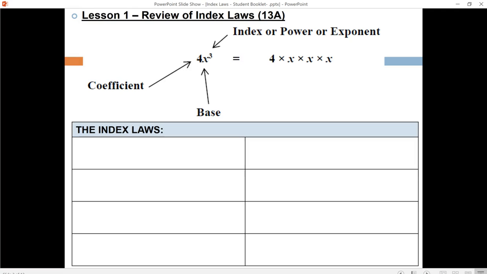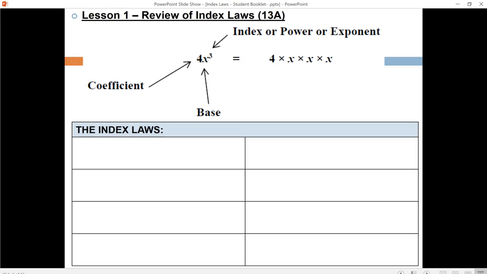So it's made up of a few things. If I had 4x cubed, the number that's out front is called a coefficient. Now the bottom of the index is called the base, and then that number that's raised up has a bunch of different names.